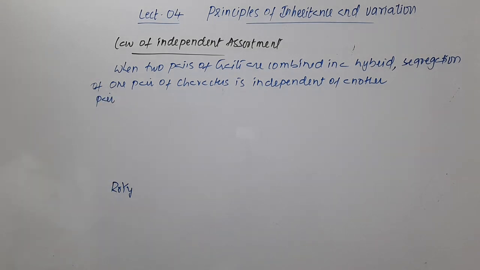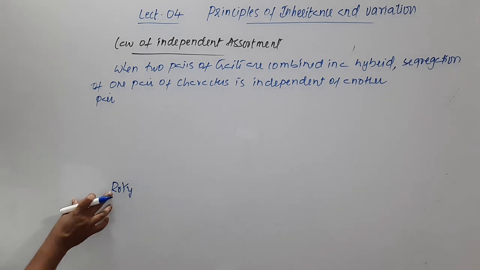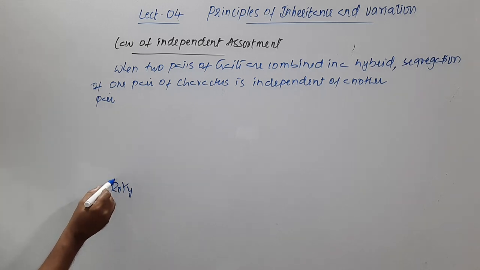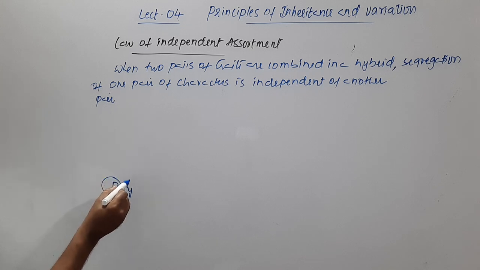When two pairs of traits are combined in a hybrid, segregation of one pair of characters is independent of the other pair of characters. You can see here capital R, capital Y, small y. The separation of this pair is independent of this pair.